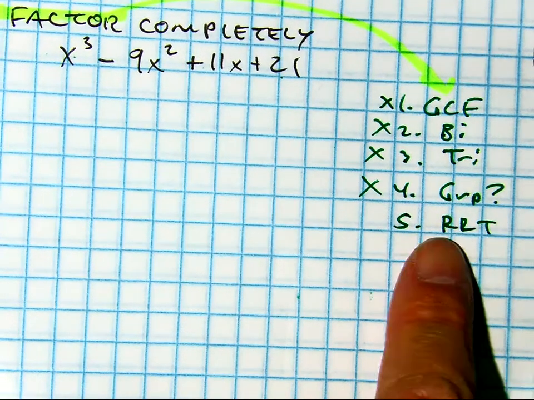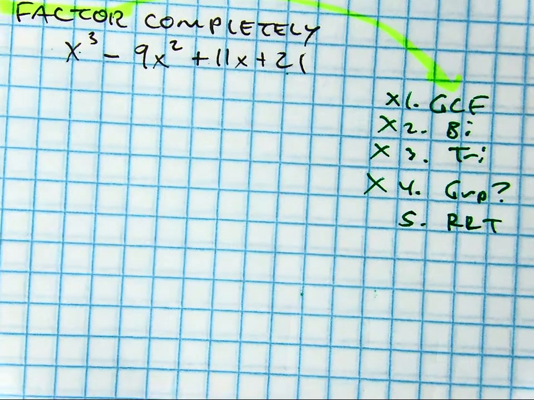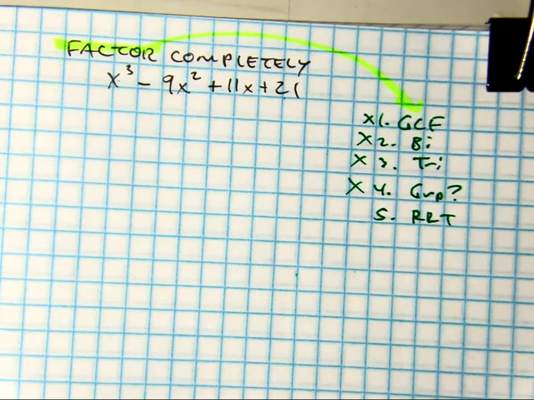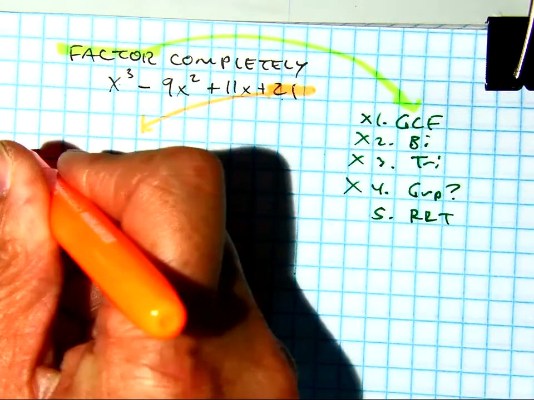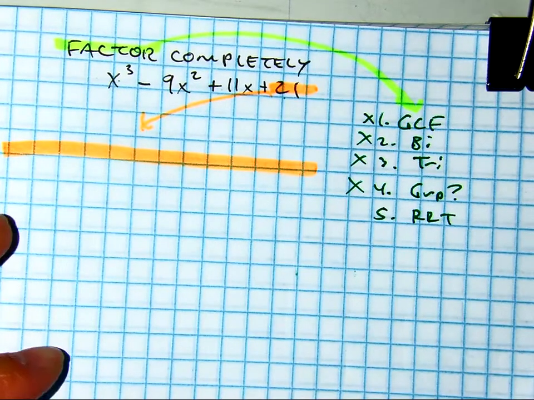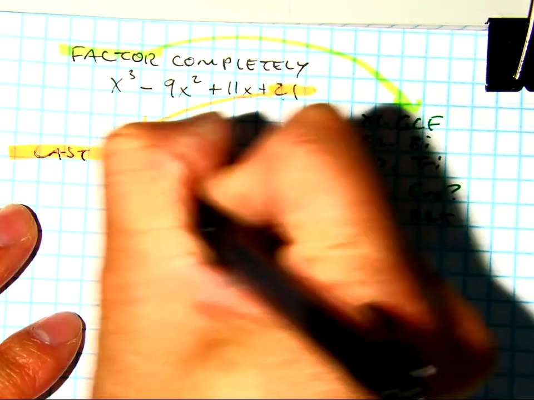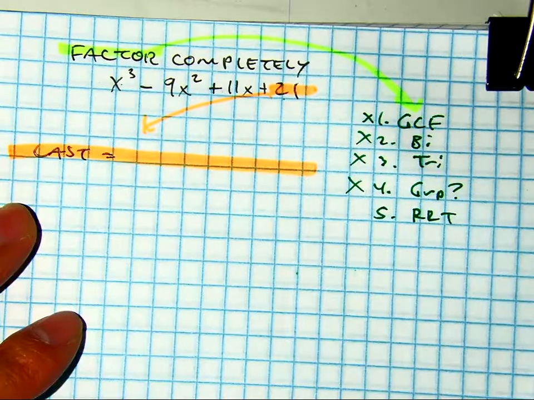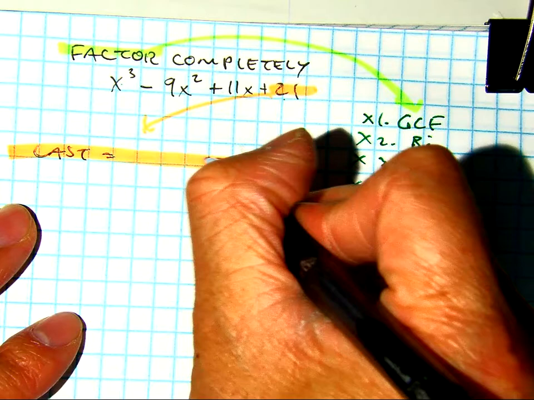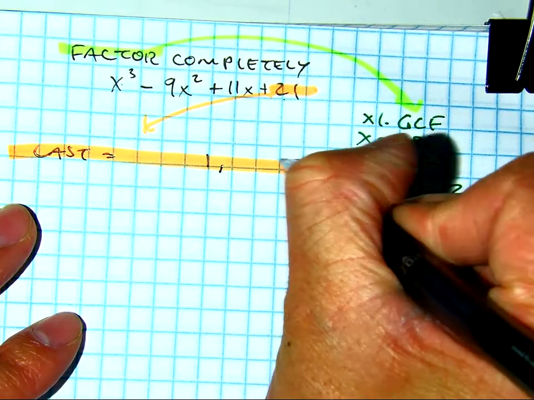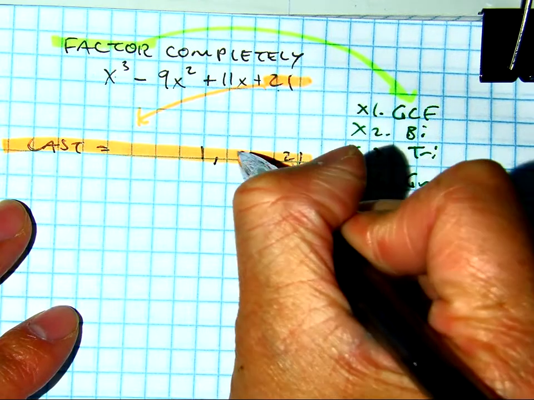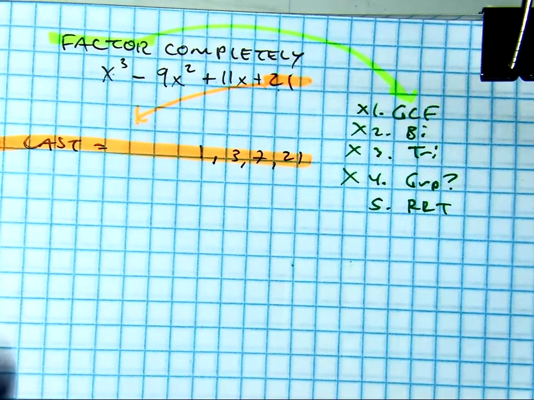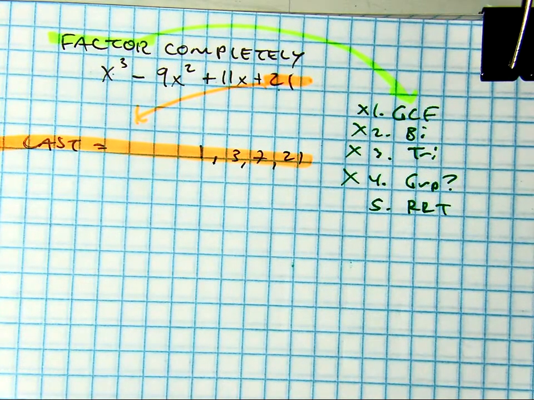Everyone say last term. Let's get our last term. Our last term is 21. Our answers are 1 times 21. What other numbers multiply to be 21? 3 and 7. What's our first term, class?